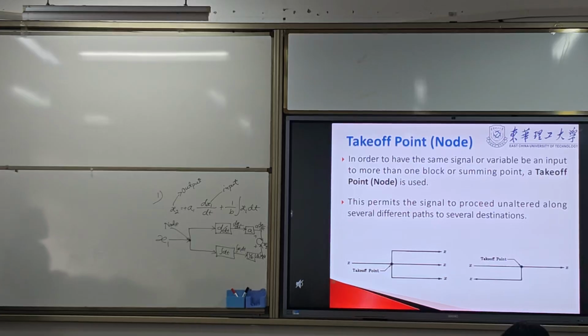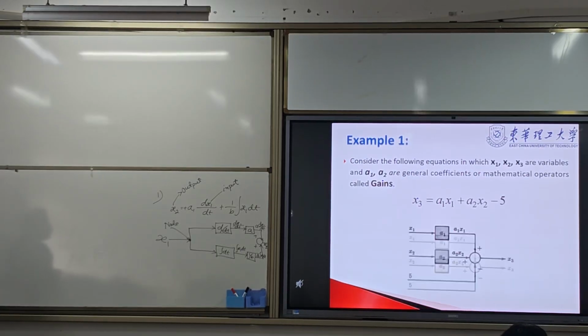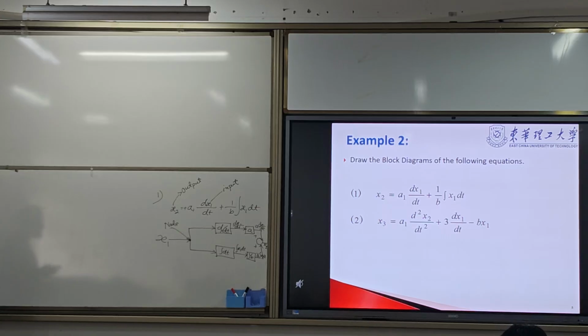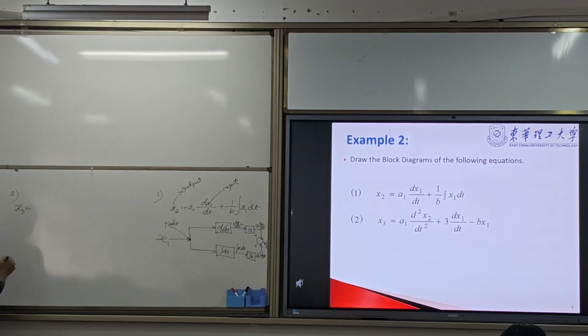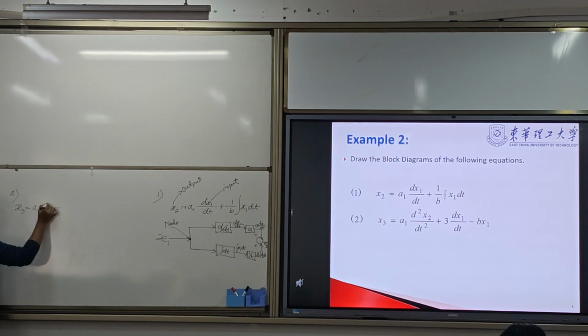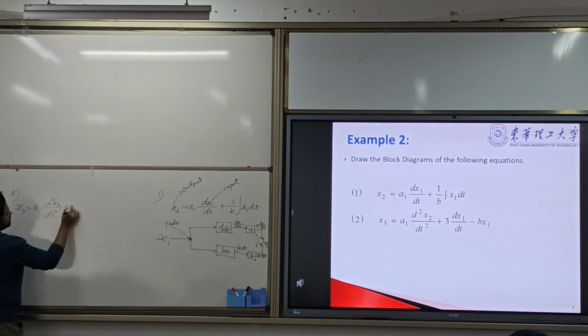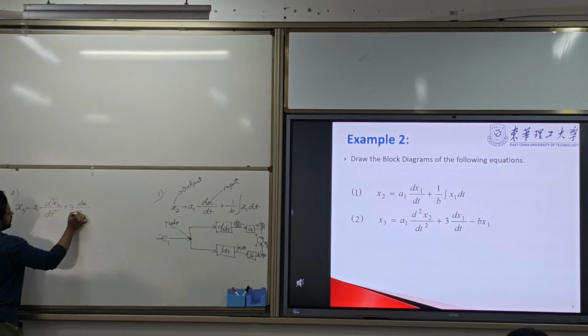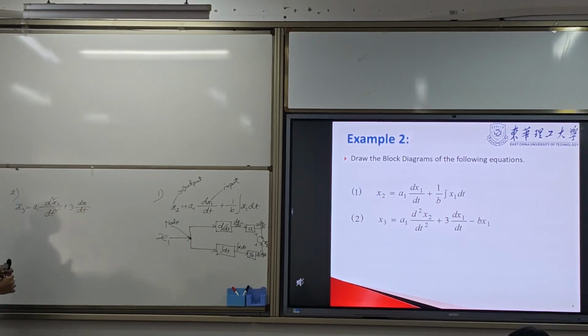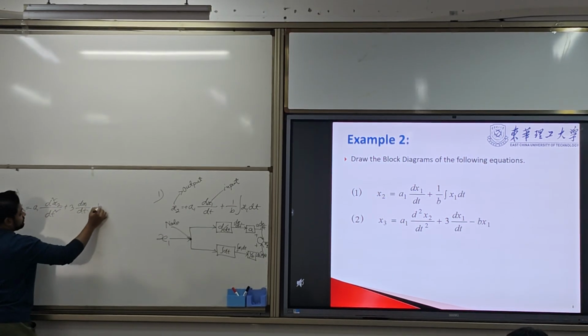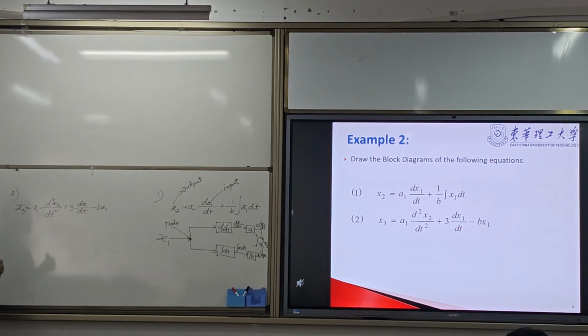The next one, we have one more here, the second one: x3 is equal to a1 d squared x2/dt squared plus 3 dx1/dt minus b x1. Define the inputs and output.